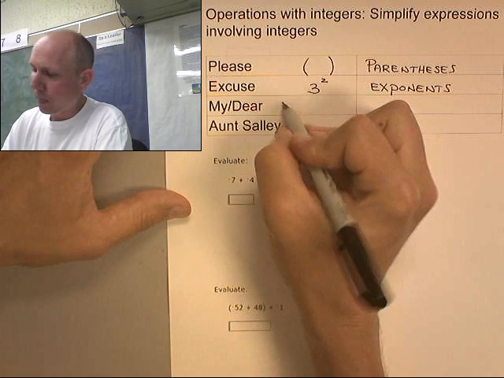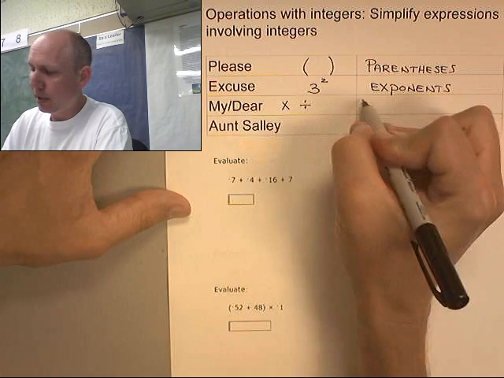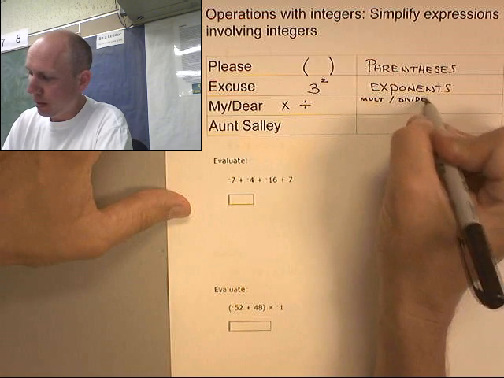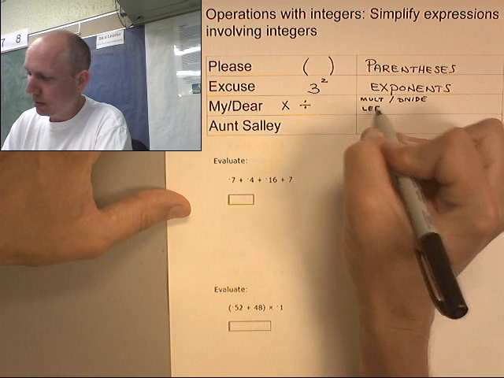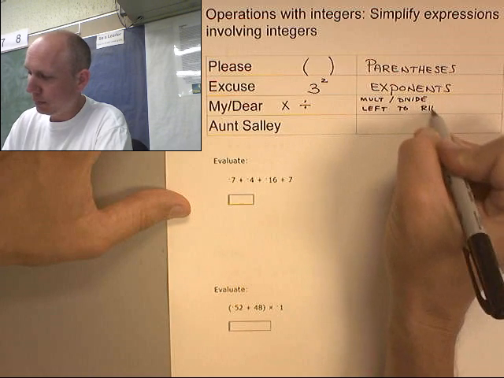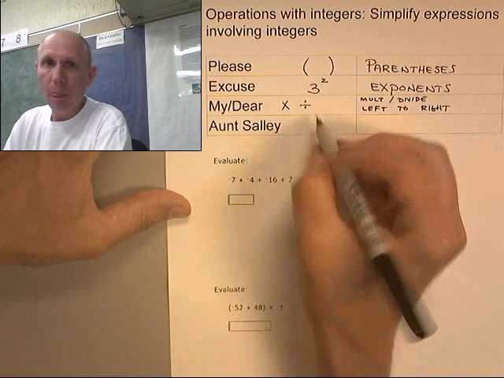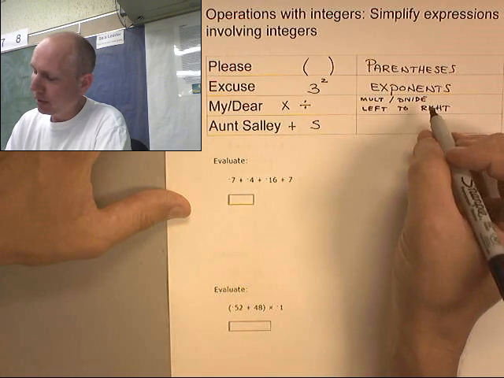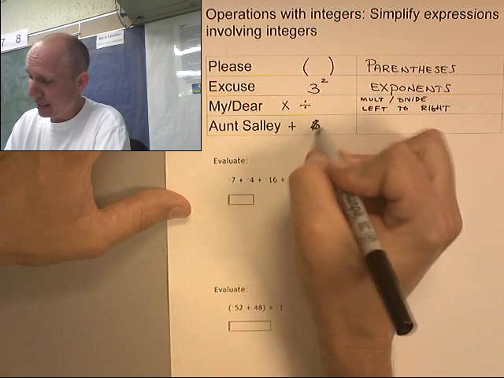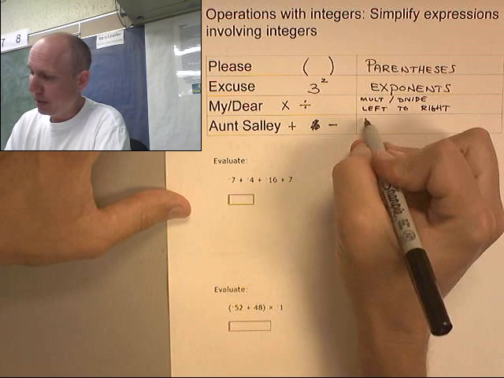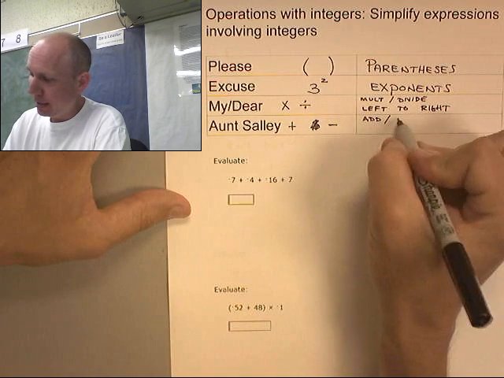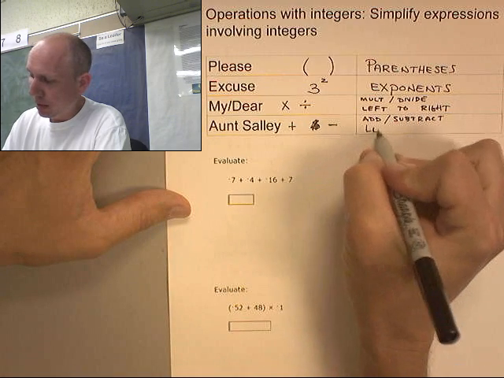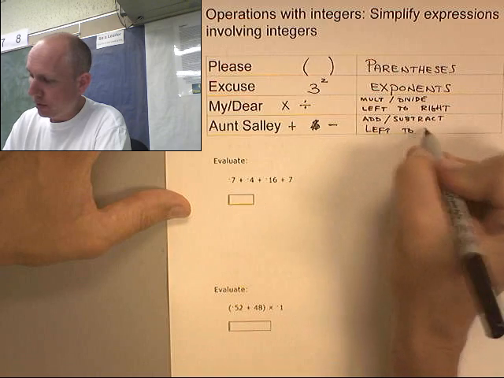My dear: multiplication and division, multiply and divide, left to right. And Aunt Sally stands for adding and subtraction. Add, subtract, left to right.